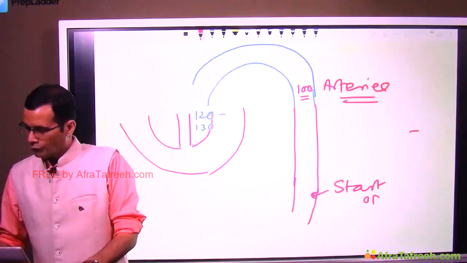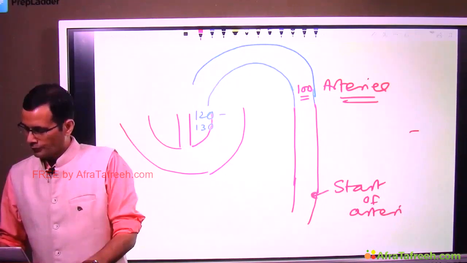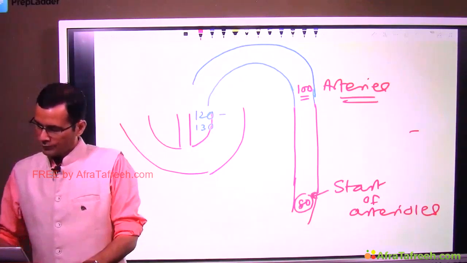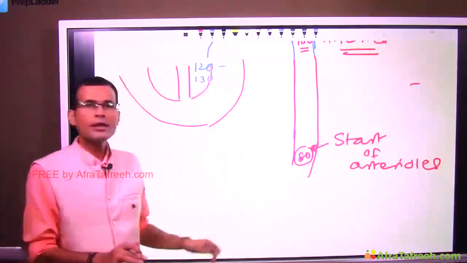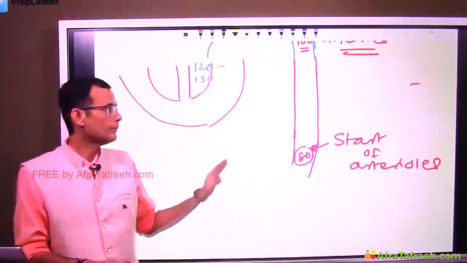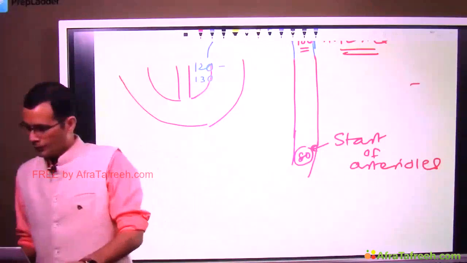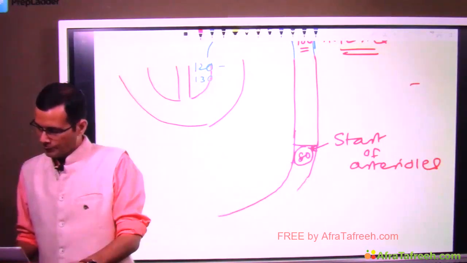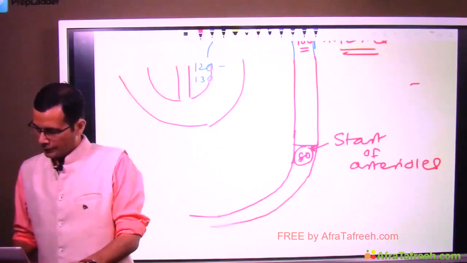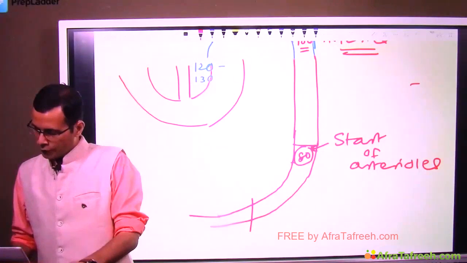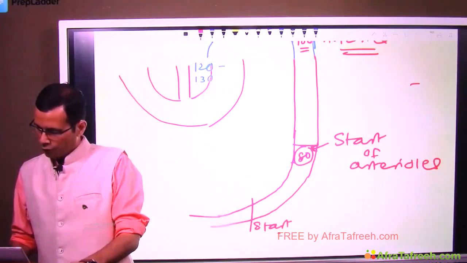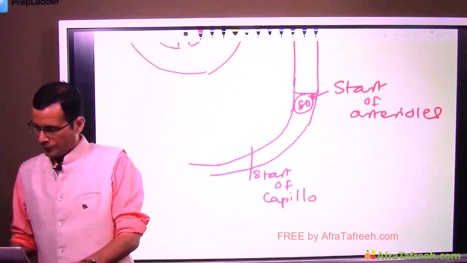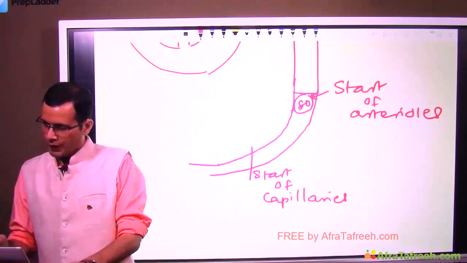At the start of the arterioles, the pressure is 80 mm of Hg. This is only a representative diagram to help understand things. Then at the end of the arterioles and start of the capillaries, the pressure is 30 mm of Hg.